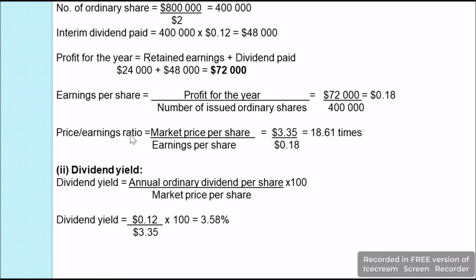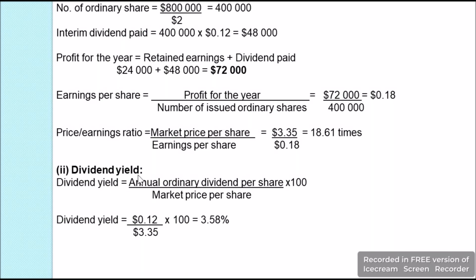And then the price earning ratio will be the market price per share divided by the earning per share, that is, the market price per share was $3.35 and the earning per share we have calculated as 18 cents. So we'll get 18.61 times. That shows that the market price is quite high and the shareholders have lots of trust in the growth of this company, because of which they are ready to pay a higher market price.